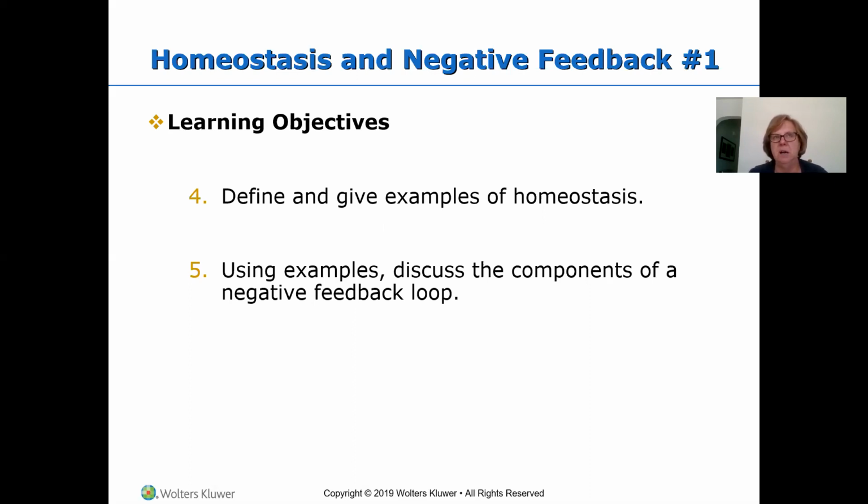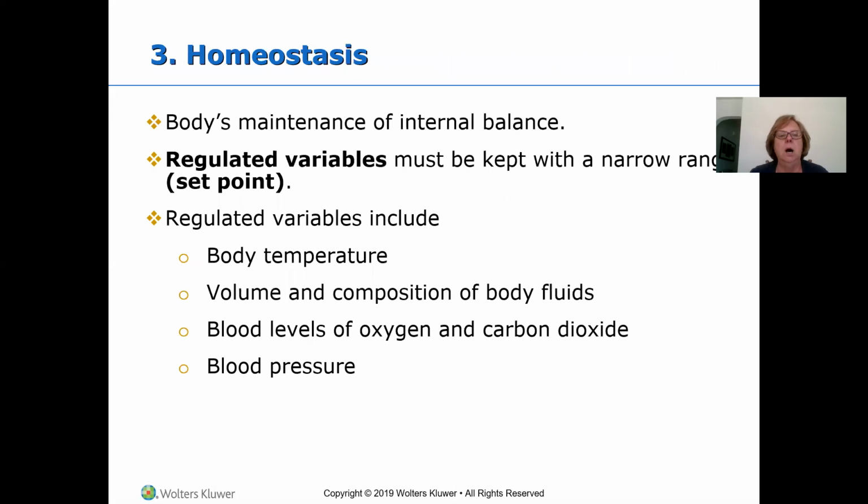It warms up the home, and then it feeds back with the rise of the temperature in the house, and then the heating system will turn off. So that's an example of a negative feedback system.